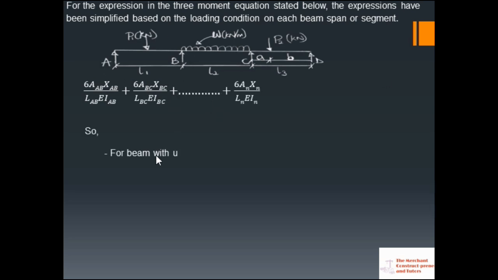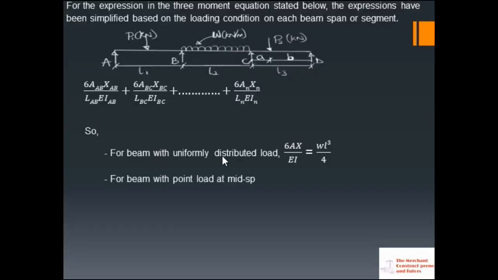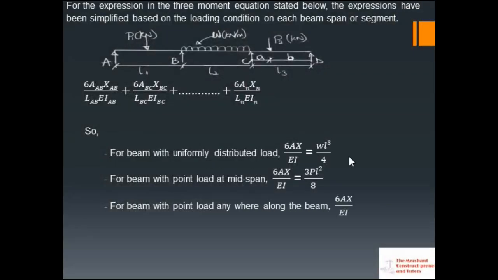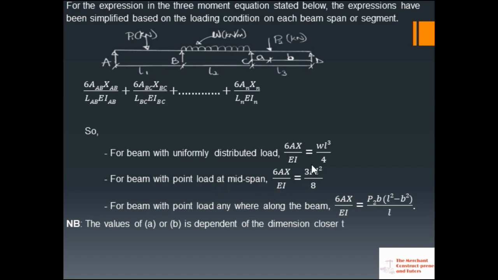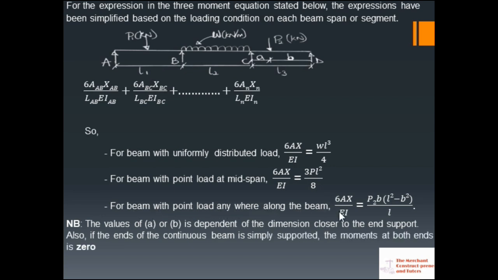For a beam with uniformly distributed load, where you have 6AX, which depends on the span, it is now taken as WL cubed over 4. For a beam with a point load at midspan, it is expressed as 3PL squared over 8. For a beam with a point load anywhere along the beam, this is the expression here.